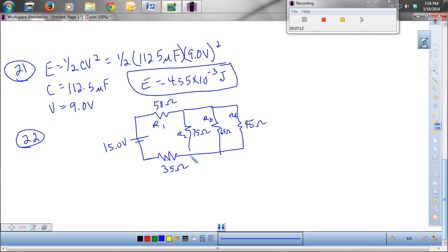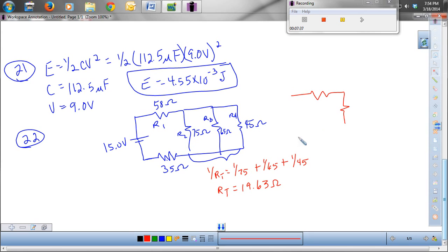So I immediately saw this as a group of 3 parallel. So I said 1 over RT is equal to 1 over 75 plus 1 over 65 plus 1 over 45. And I used my x to the minus 1 key on my calculator, and I got RT 19.63. And then I said, well, I'm going to come over and redraw that as 3 simple resistors in series. There's my battery. That's still 58. This is now 19.63.